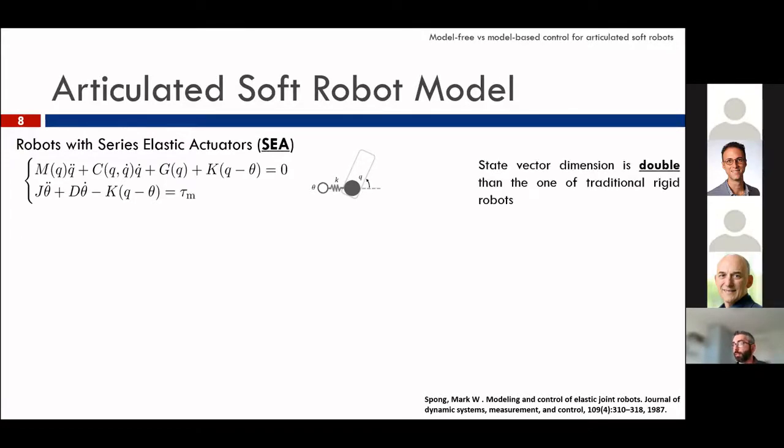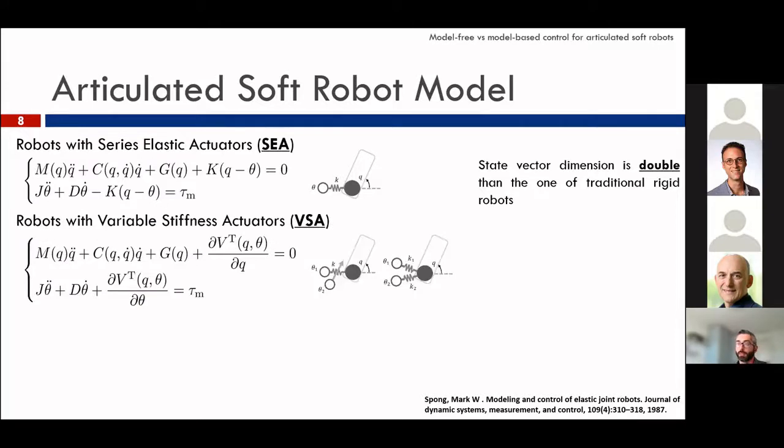In this case, the dimension of the state vector is double with respect to a traditional rigid robot. If we consider variable stiffness robots, this is even more stressed because we have at least two motors per each joint. So the state vector dimension is at least triple with respect to a traditional robot.